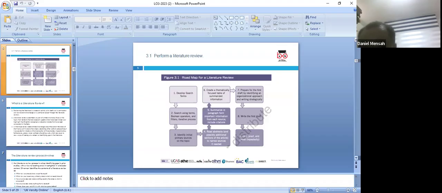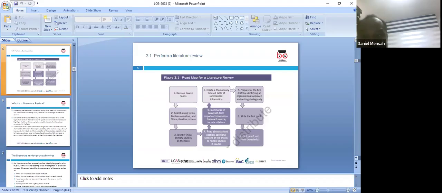And then seven, prepare for the first draft by identifying an organization approach and writing strategically. Okay, and then write the first draft, and then improve and publish repeatedly. So these are things that we ought to look into. So let's proceed further.